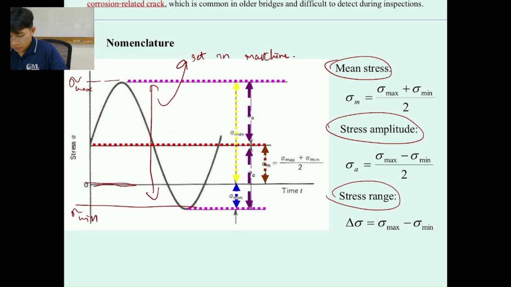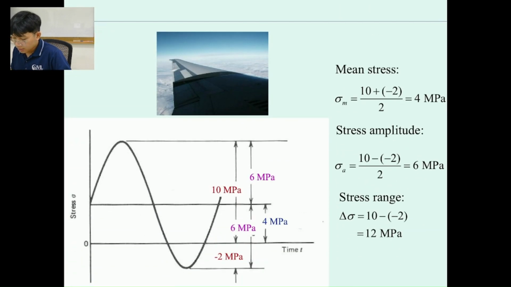Okay, but for some applications like cast iron, I think they need to test for both compression and tension. That's why they can set the stress minimum for the compression, and if they pull it on top, it's going to be for the tension, and then we can just calculate it. And there we go.